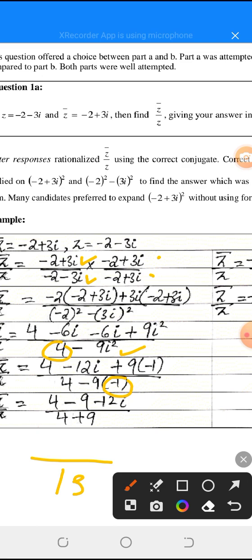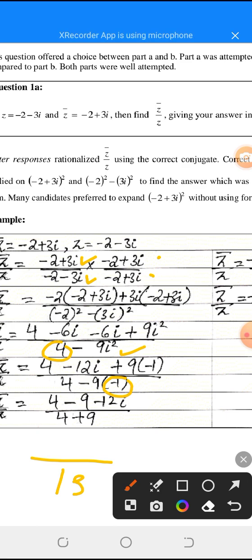Here, -2 is multiplied with the complete bracket -2 + 3 iota. After that, + 3 iota multiplied with the complete bracket -2 + 3 iota. So it's totally your wish to multiply in this way or to directly apply the formula (a + b) whole square. You will get the same result.